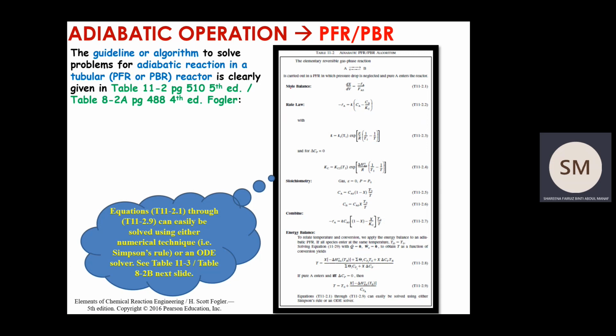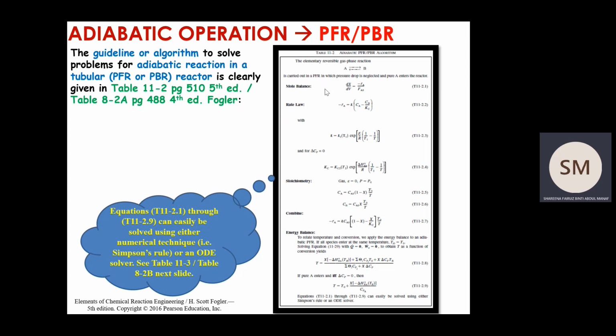You can have a look at the right side of this slide. Assume that we have a gas phase reversible reaction carried out in a PFR in which pressure drop is neglected and pure A enters the reactor.